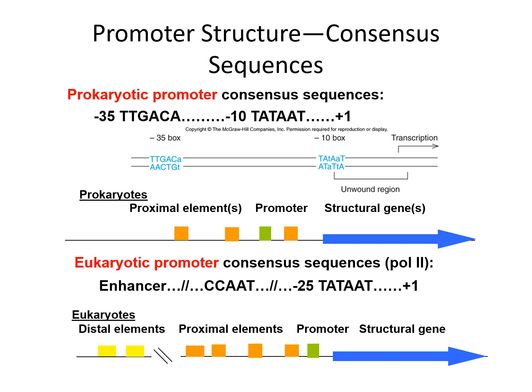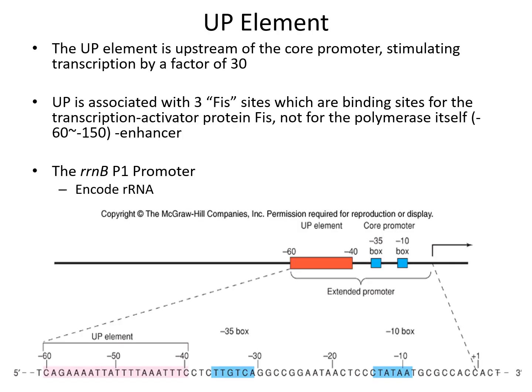And for polymerase 2, we have the -25 TATA box, which is a very important consensus sequence for RNA polymerase 2 to recognize.